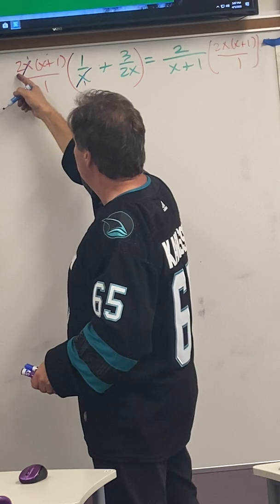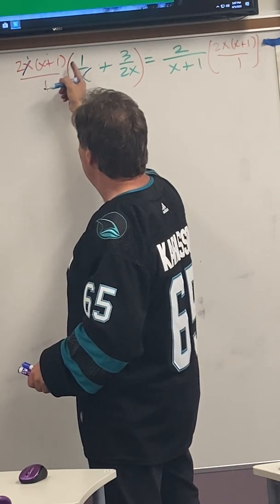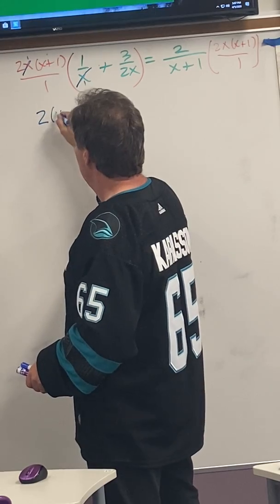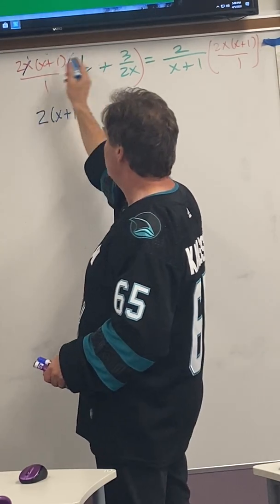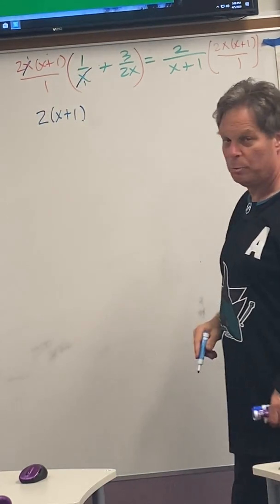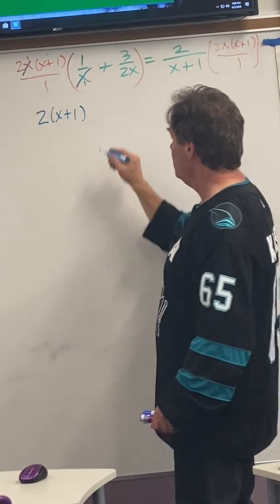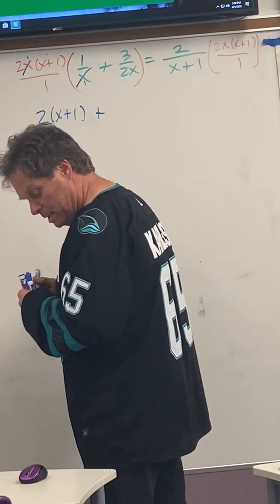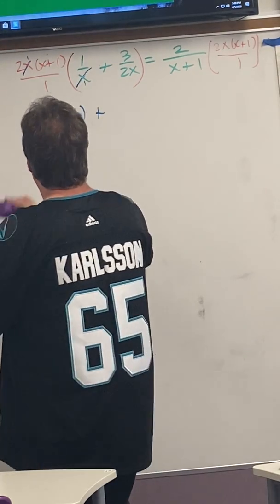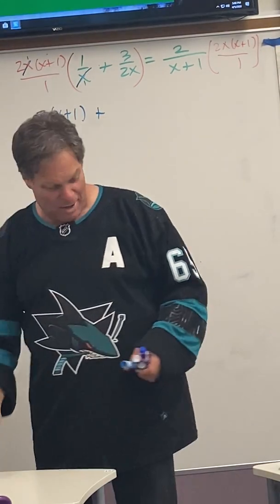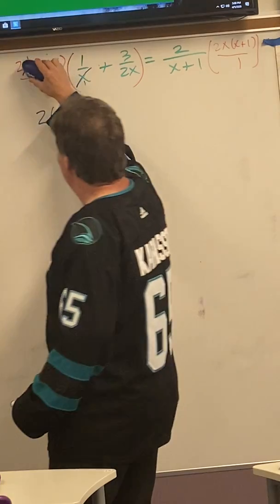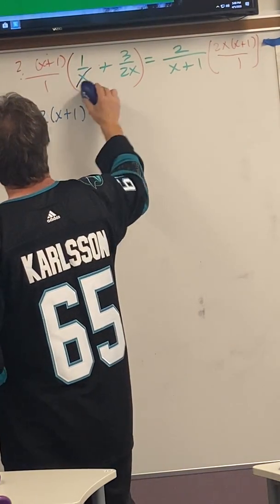So that's just 2 times x plus 1, over 1, so you don't even have to put over 1. Plus, here, now this whole thing comes back this time because of the canceling. Okay, I'm going to erase this and make this 2x.